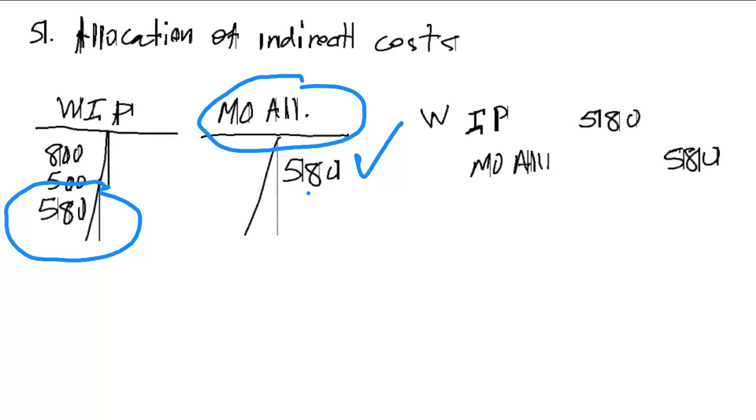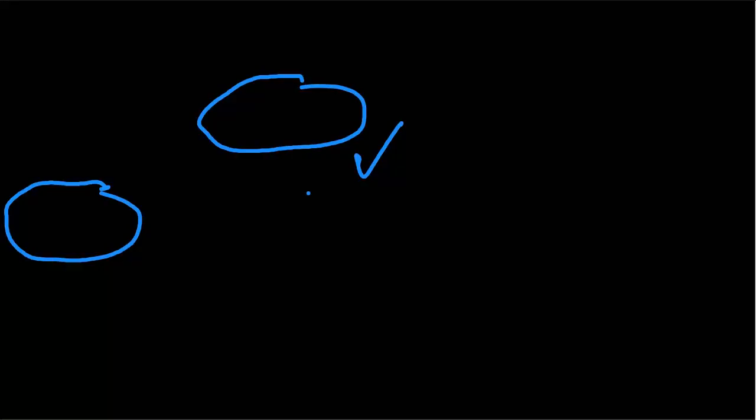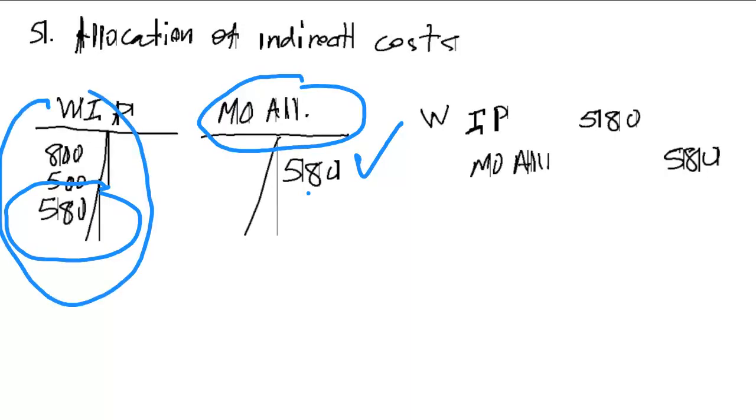debited work in process. Now, if you see that the work in process information is almost completed. So for this item, we spent $800, 500, and 580. If I want to transfer the goods that are ready, let's say for sale, I will transfer them from work in process to a finished goods account for the total of, let's say, $1,880.